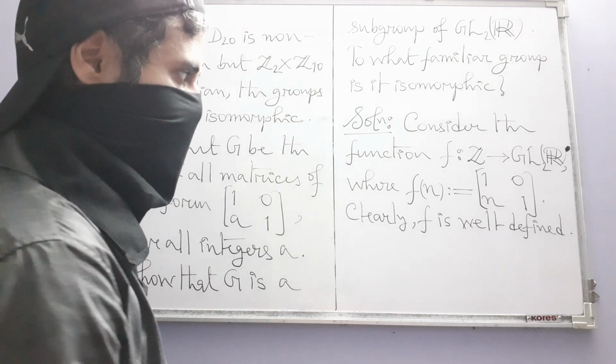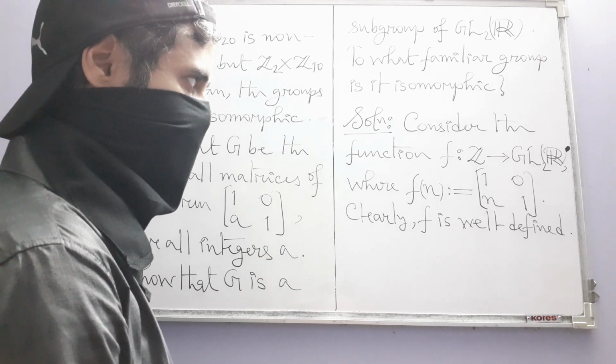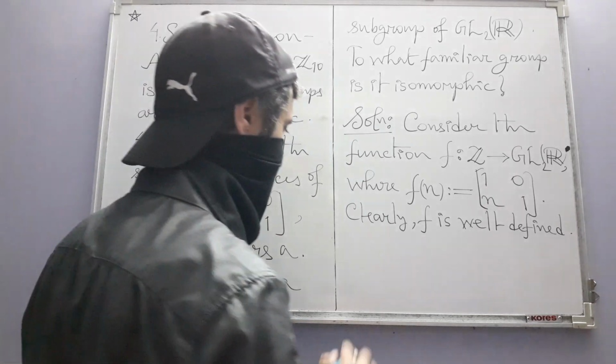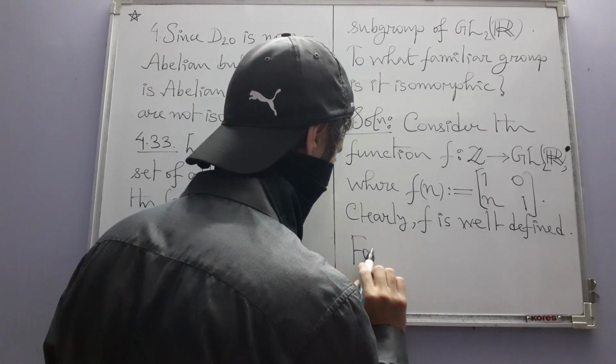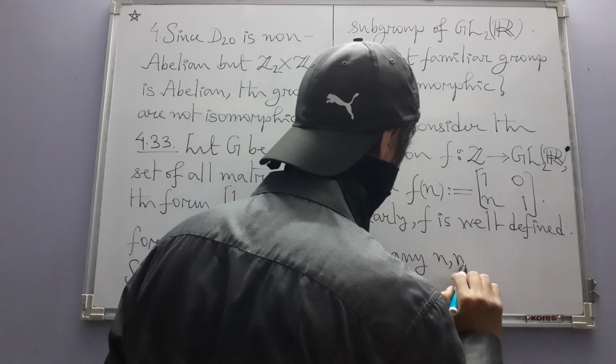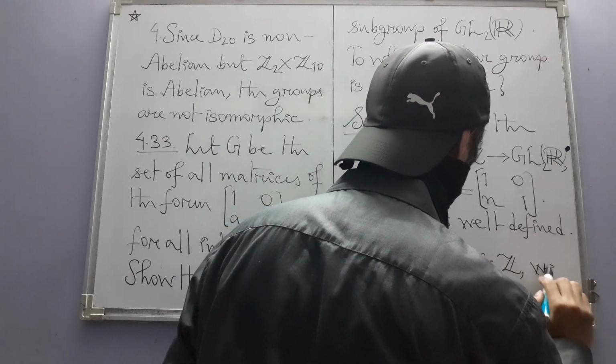Alright, so now the next thing we do is we are going to show that f is a group homomorphism for any two integers not necessarily distinct.